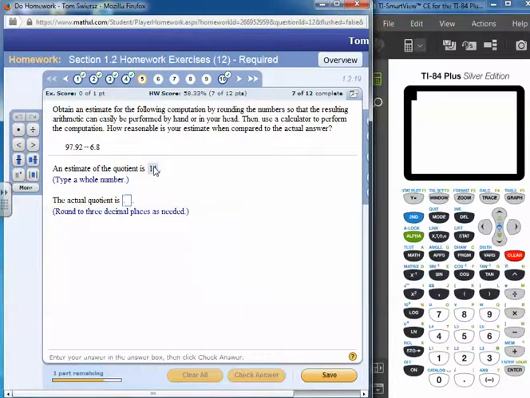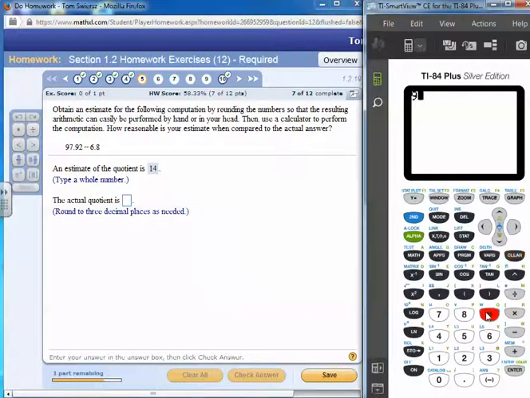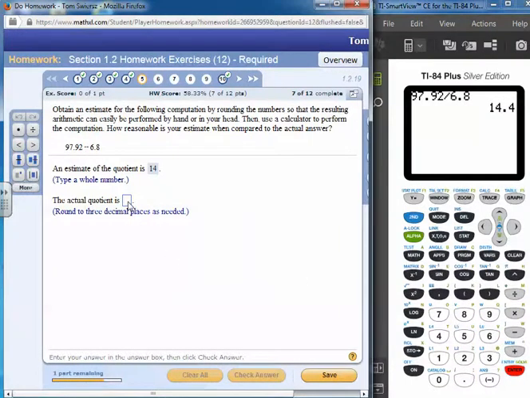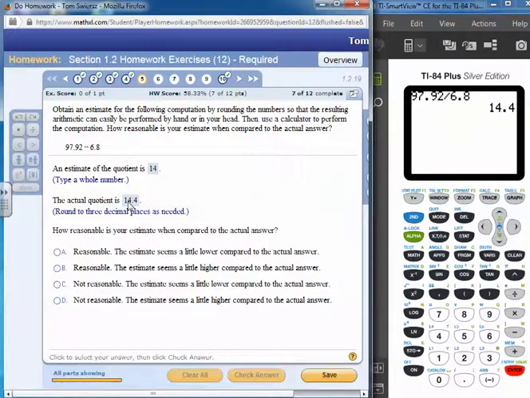The actual quotient, using the calculator, 97.92 divided by 6.8, is 14.4. And it is definitely reasonable, and again, it's just a little bit lower.